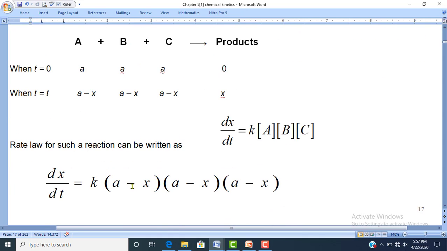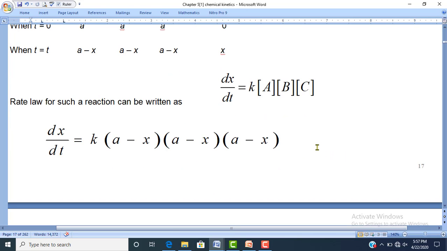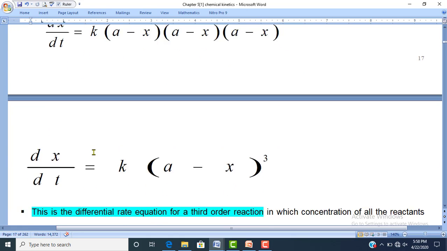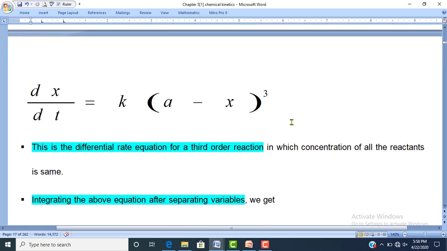So by applying the rate law, dx over dt is equal to k into active mass of ABC, and by applying molar concentration, we will write this equation: dx over dt, that means rate of reaction, is equal to rate constant k into (a minus x) into (a minus x) into (a minus x), or simply the rate of reaction for such type of reaction will be rate constant k into (a minus x) cube.